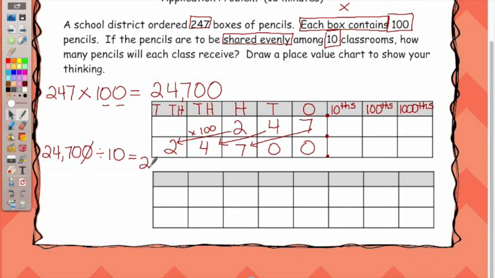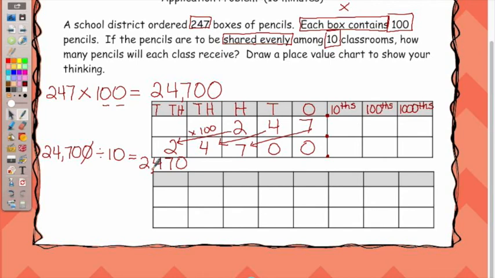I'll just have to write down here. So, watch me place my comma. 1, 2, 3, comma. What's my answer? 2,470. So, 2,470 pencils is what each classroom will receive. That would last me several years.